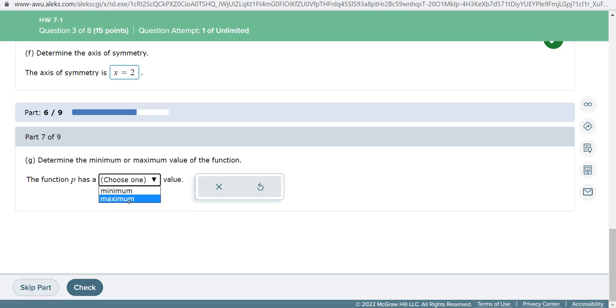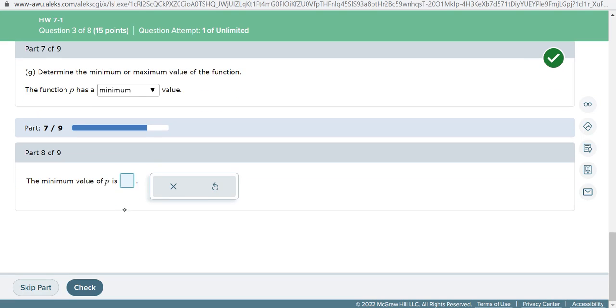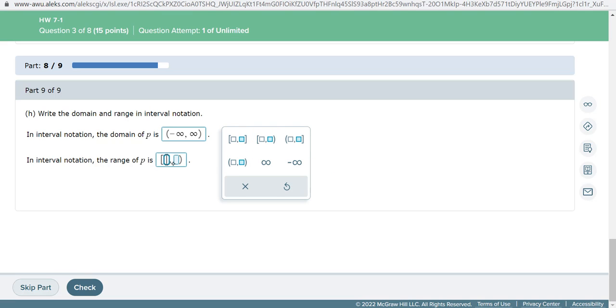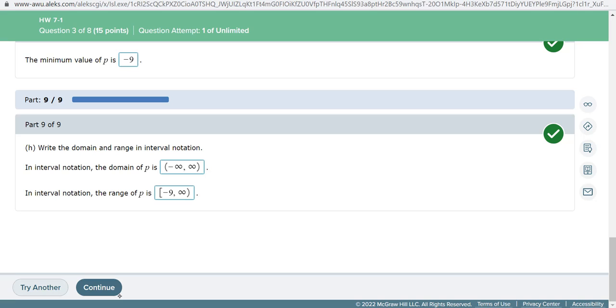It has a minimum value. The minimum value was negative 9. And the domain, remember, is negative infinity to infinity. And the range would be including negative 9 up to infinity. And that's it. Hope that helped.